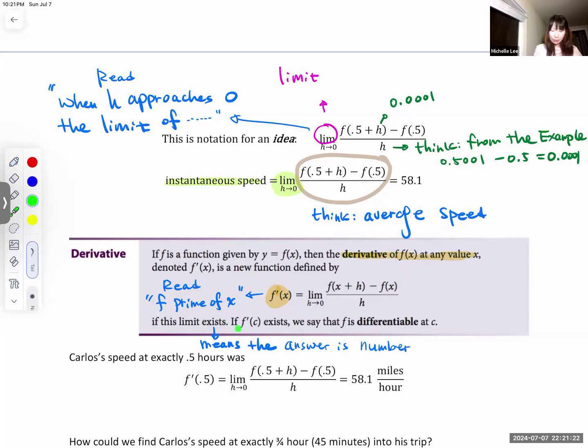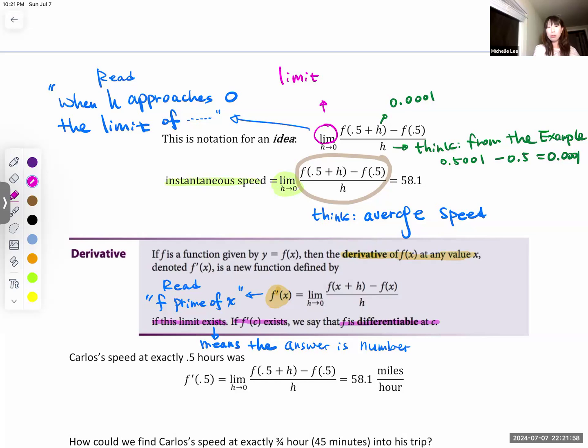Then they said if f prime of c exists, we say that the function is differentiable at c. So it's terminology. If this limit exists, if f prime of c exists, then we say that f is differentiable at c. Okay?